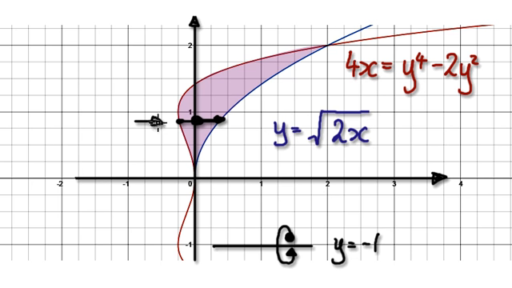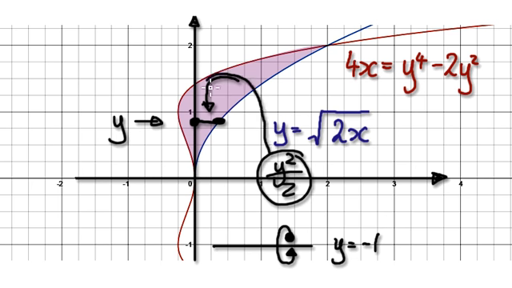At this particular y value, this length here will be y squared over 2. So this is the length here.